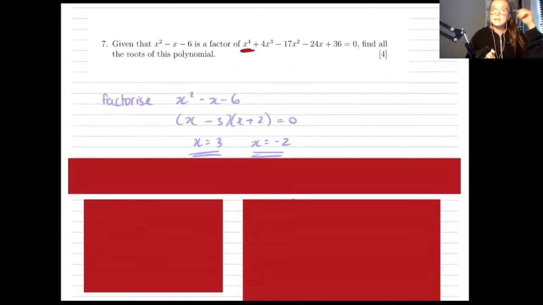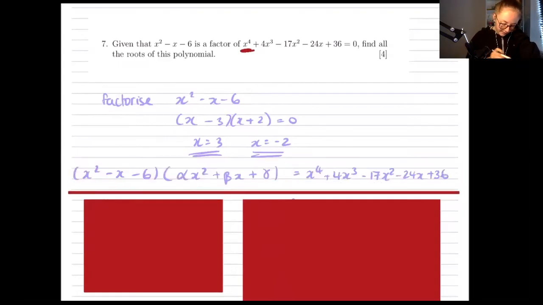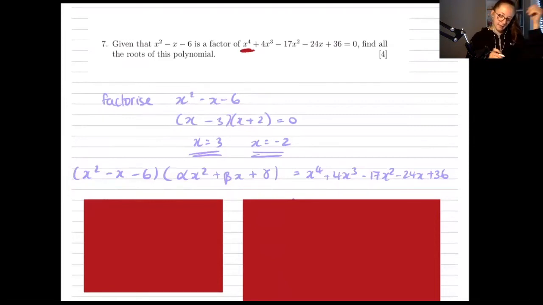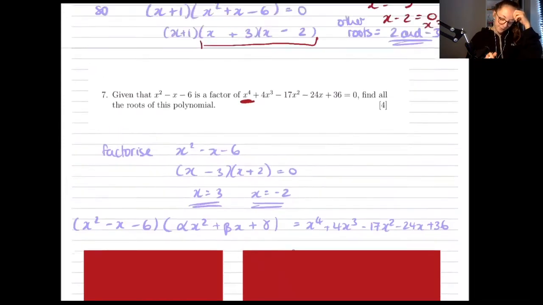Okay, so if we go about a similar method to last time, we can say that x squared minus x minus 6 is a factor of that. So if we take the x squared minus x minus 6 out, we're left with some unknowns inside the second bracket, like we did last time.